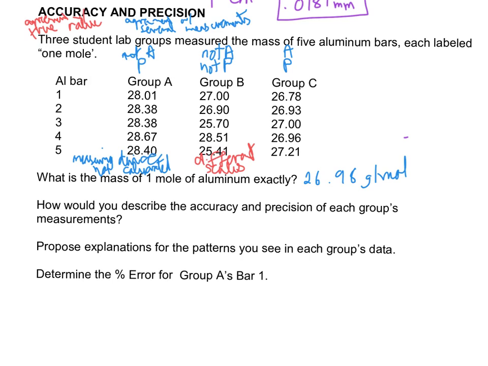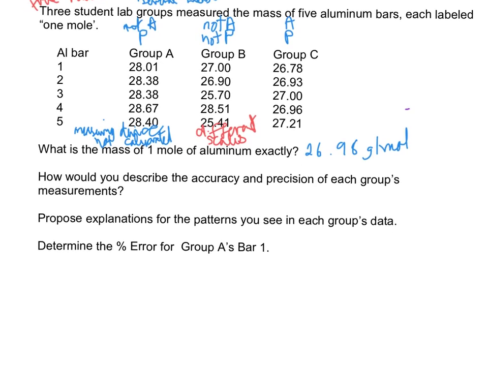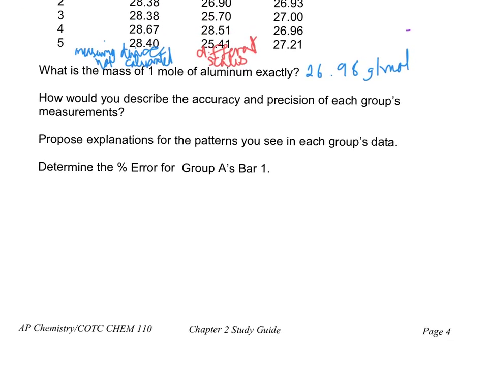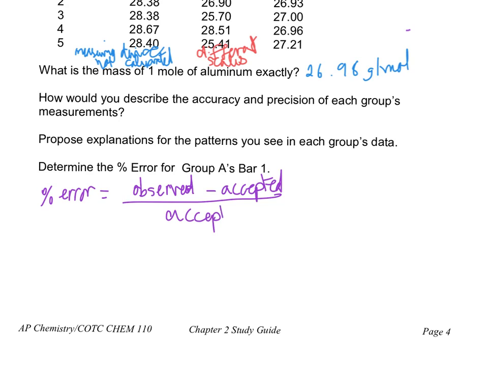Okay, last thing, we want to determine the percent error for group A for bar 1. If you remember, percent error is observed minus accepted over accepted times 100%. Let's write that down. Percent error is equal to observed, that's what they get in the lab, minus accepted, that's our true value, divided by accepted, times 100%.